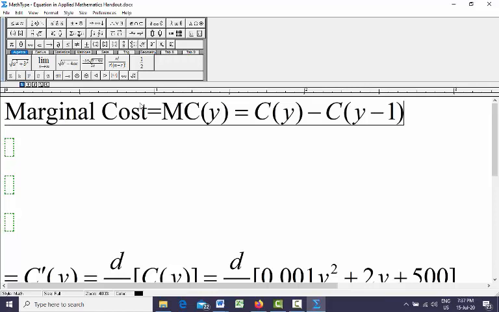So the marginal cost of producing the yth unit is the total cost of producing y units minus the total cost of producing y minus 1 units.